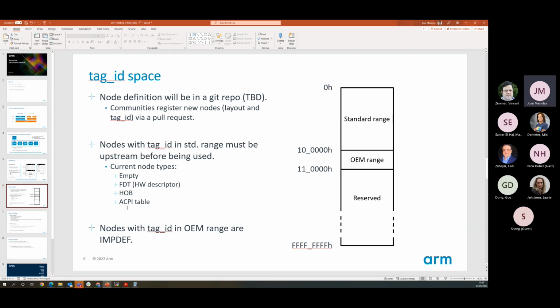Sorry, are you talking about the information encoding or the node types? The node types. Right. There's some notion that at device design time, there's some agreement on the different node types that are going to be passed along over the boot path.